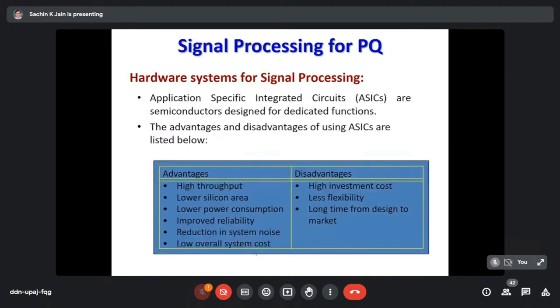We'll discuss briefly. ASICs are semiconductors designed for dedicated functions. So when you have to manufacture something on a large scale, it is good because the silicon area is smaller, with lower power consumption, improved reliability, and reduction in system noise, because they are specifically designed.